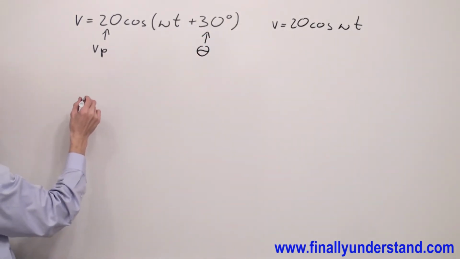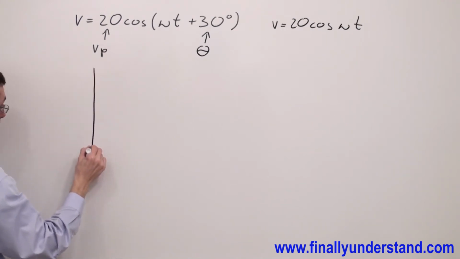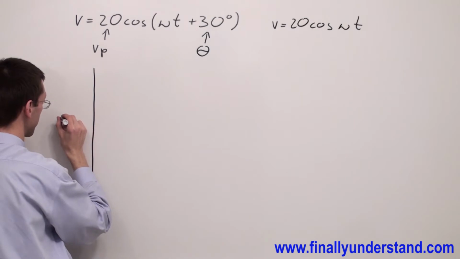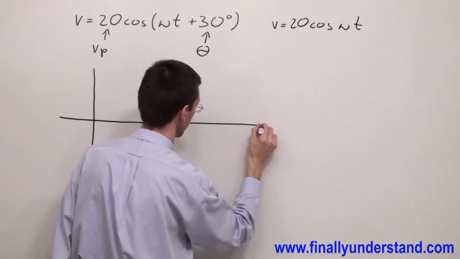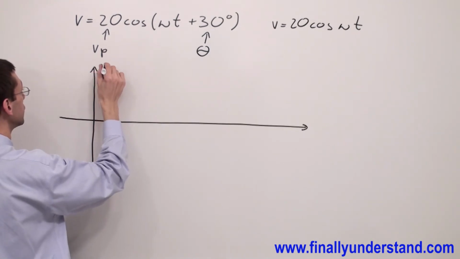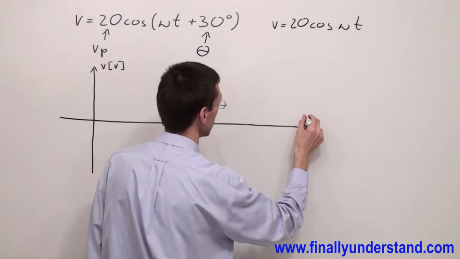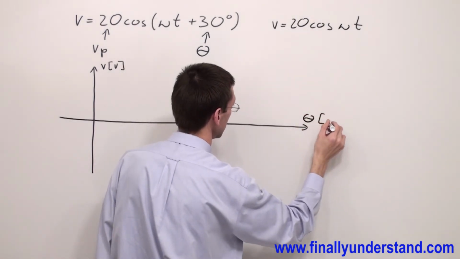Next, you're supposed to draw the graph. This is my voltage expressed in volts, and this is my angle theta in degrees.